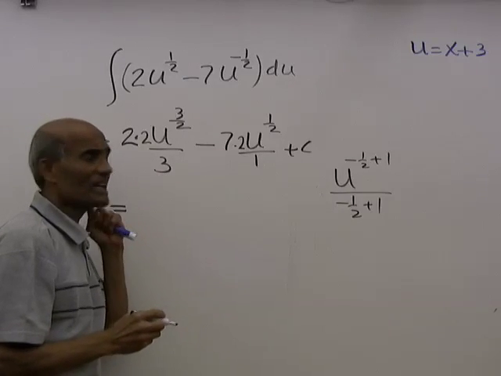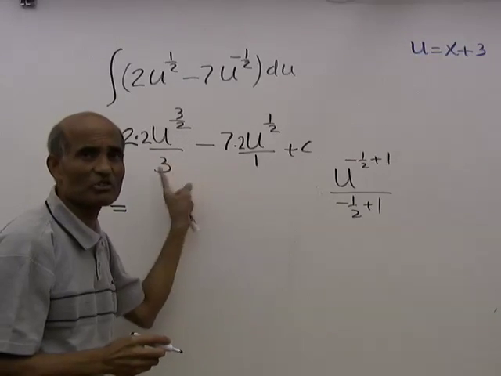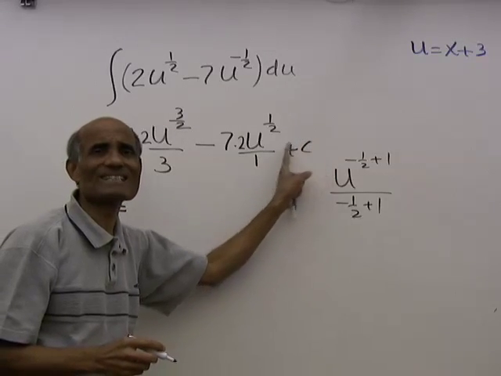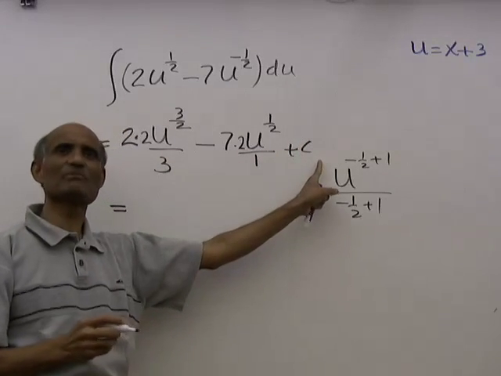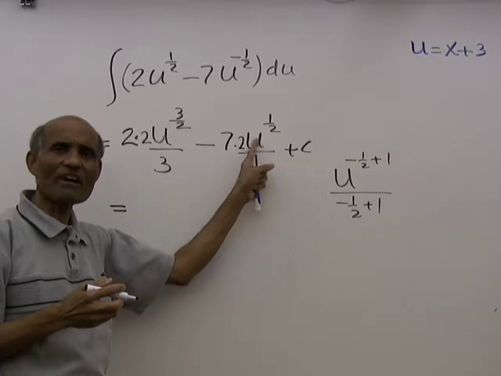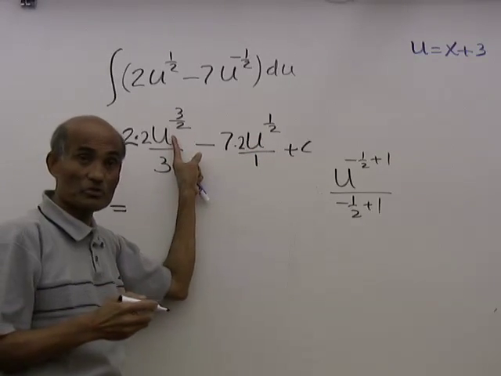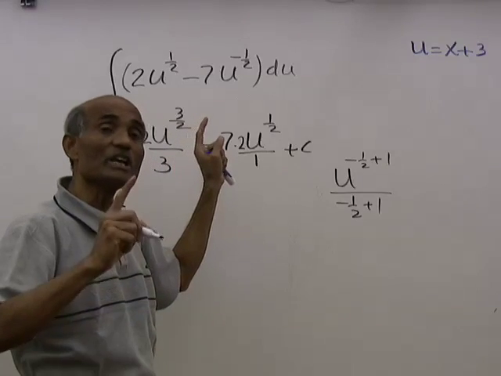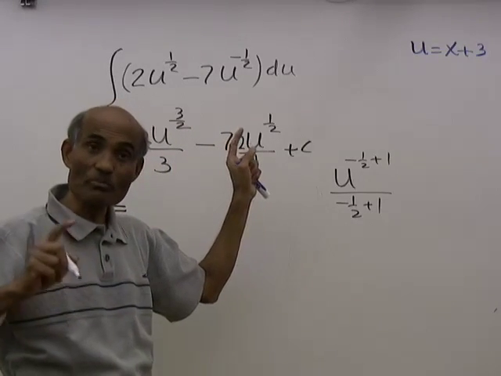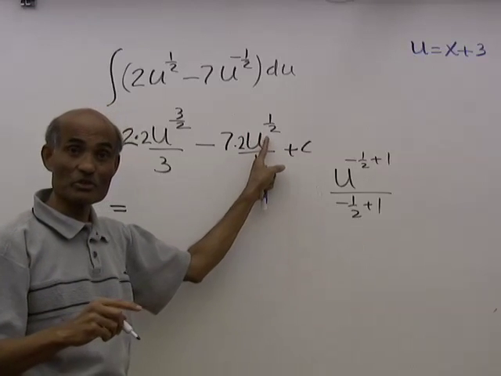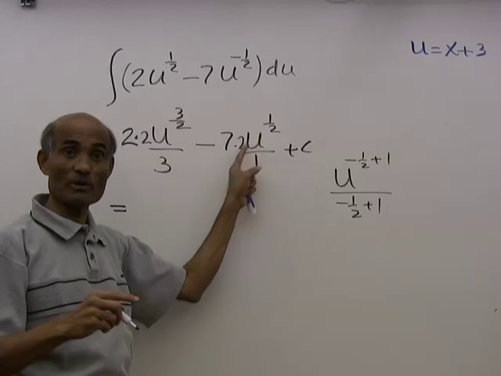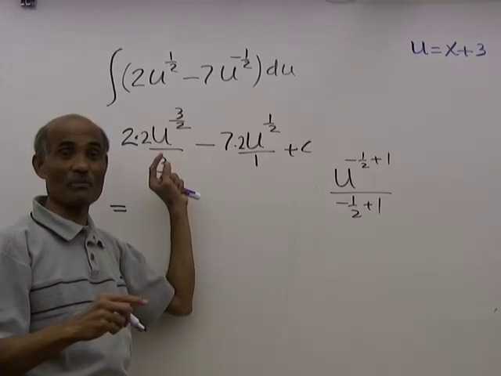Now, is there anything that we can factor out? Discount that c, we will simplify this, that c will remain there. Is there anything we can factor out in here to simplify? If you notice, u to the power of 3/2 is u times u to the power of 1/2. So u to the power of 1/2 is common, a 2 is common.